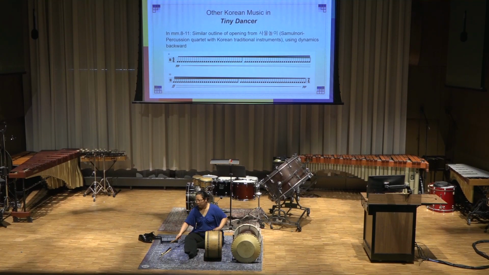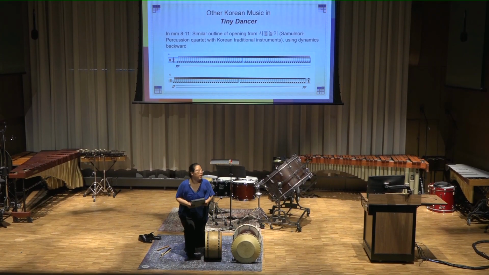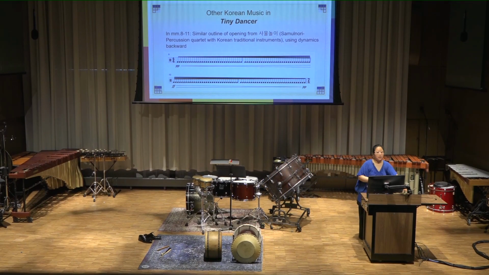And then the rest of the group will start performing. However, it's a lot easier in Tiny Dancer because I don't have to use everything in one hand. I got two hands.